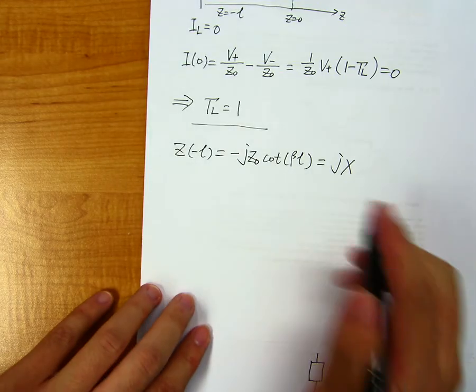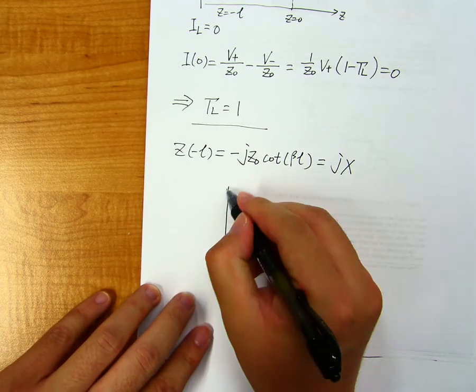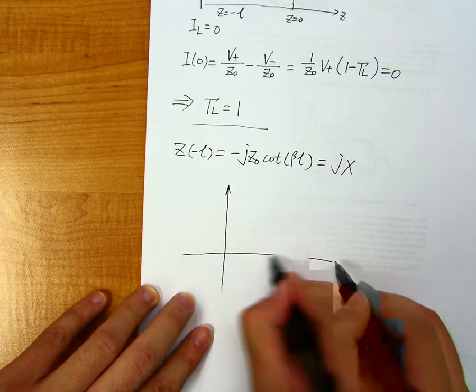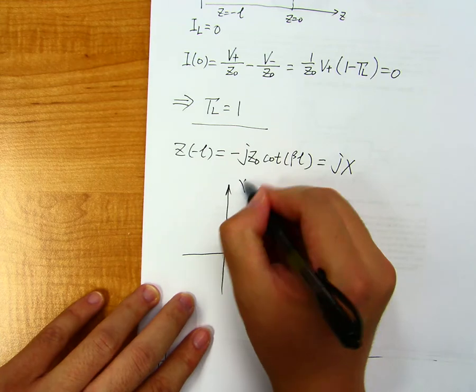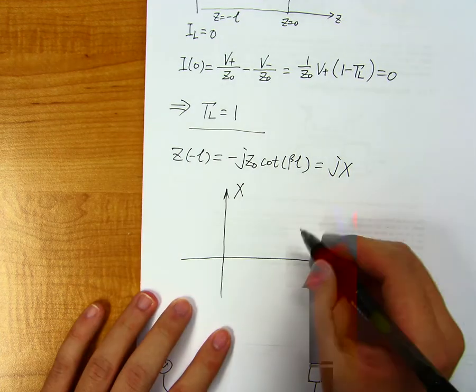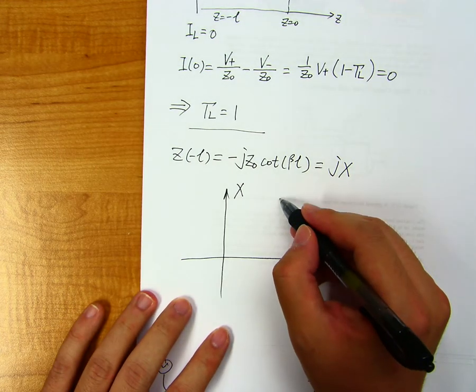And if we plot this X versus the electrical length beta L, it just looks like a cotangent function.